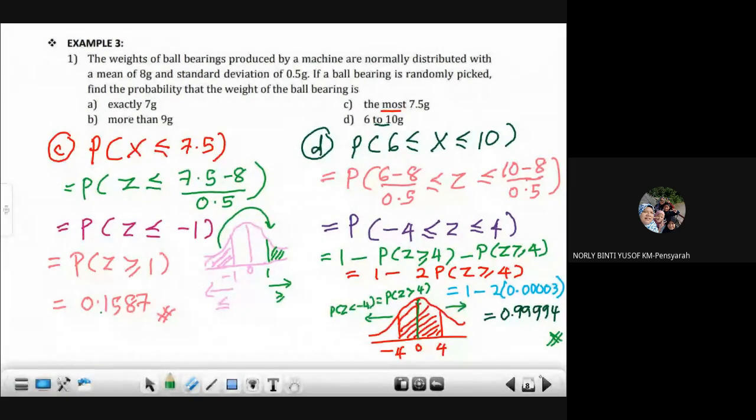So kita tengok pada next example. Number 2. Okay. It is known from the experience that the waiting time of X at certain bank is approximately normally distributed. So dia dah cakap. And then mean 3.7 minutes and standard deviation pun 1.4 minutes.